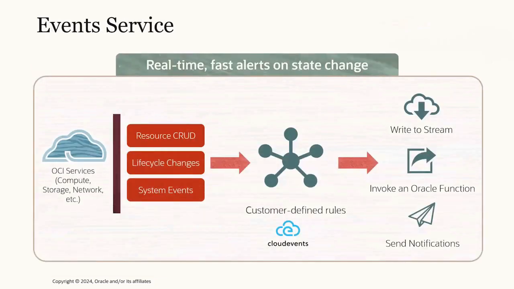So the event service, touched on this briefly. This is essentially a service that automatically captures a wide variety of things that happen in your cloud account and presents the mechanism for you to react to those in the chosen fashion.